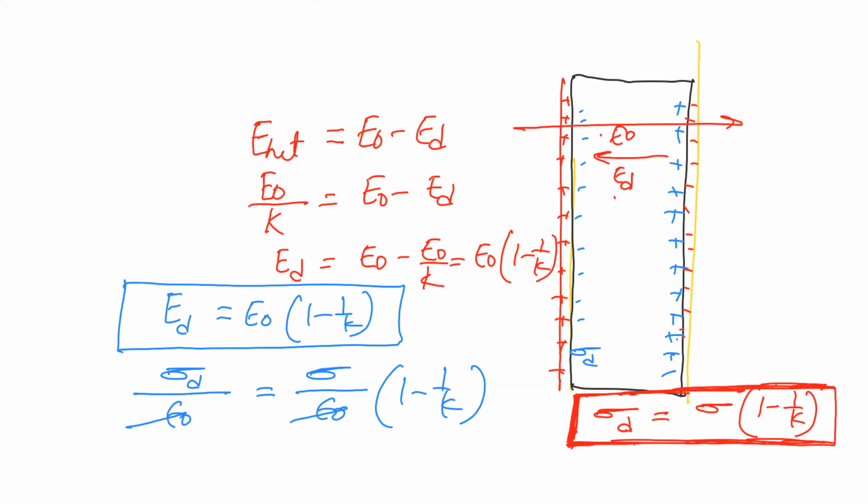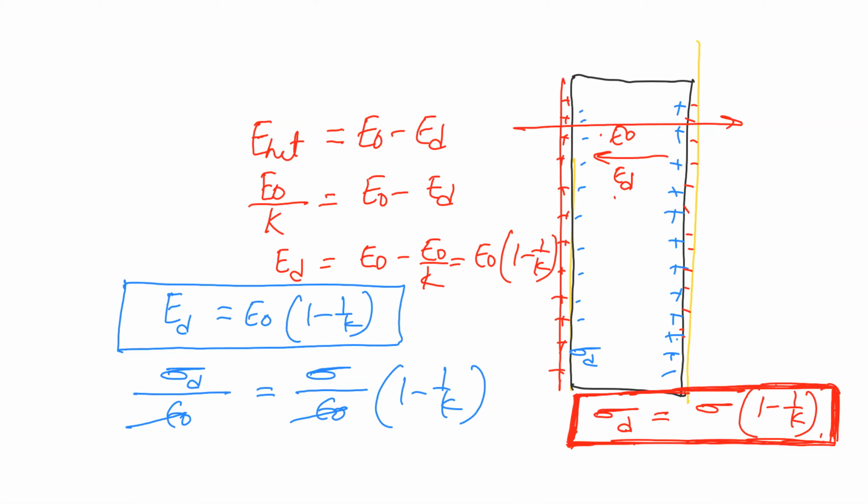This is a formula you must remember. It will be the charge appearing on the dielectric plate. Of course, it is in the opposite direction. That also you have to remember, right? Whatever field direction the plate has, the dielectric is applying the opposite direction, so charge appears in the opposite direction.